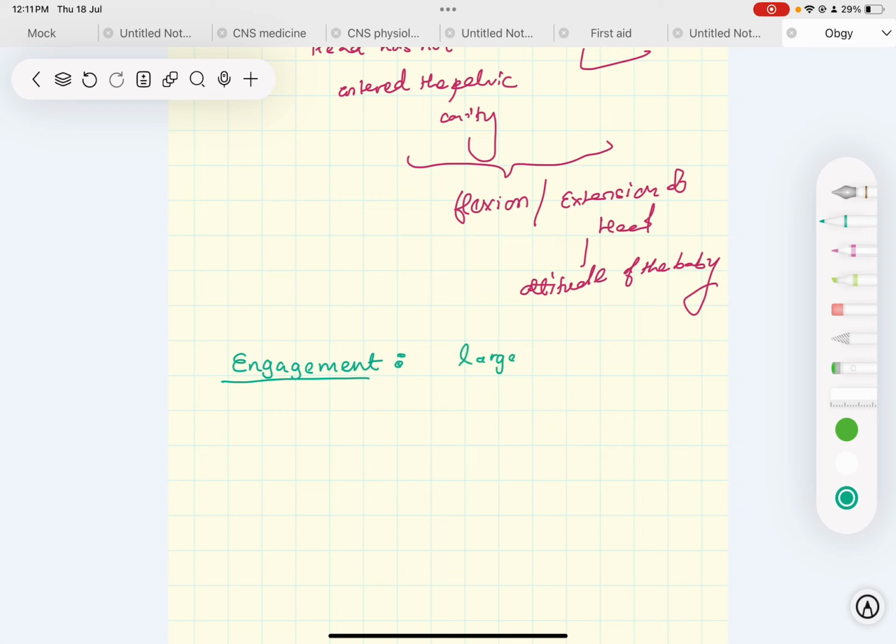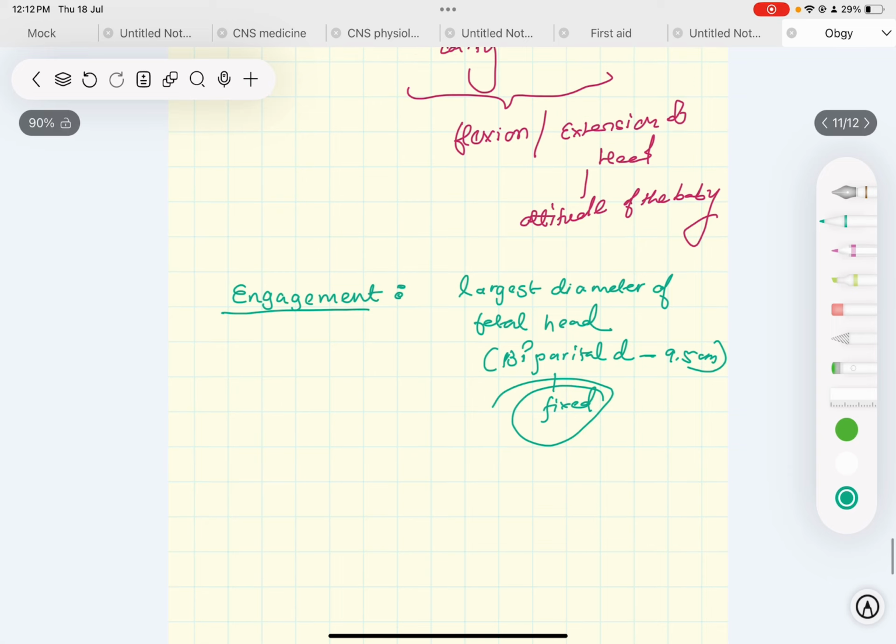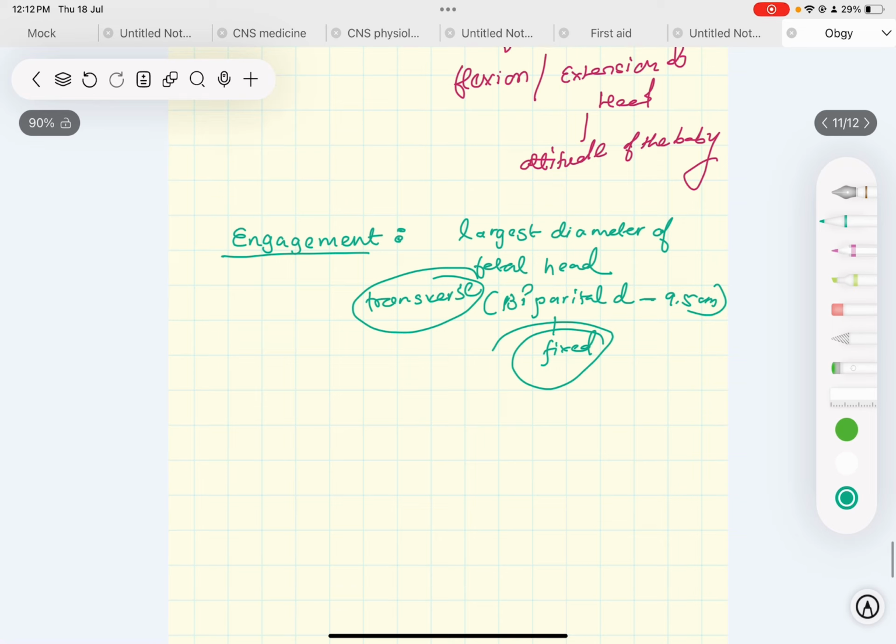Engagement will depend on the largest diameter of the fetal head, and that is the biparietal diameter, that is 9.5 centimeter, and it is fixed, but the largest engaging diameter changes depending upon the flexion or extension, meaning the attitude of the baby.